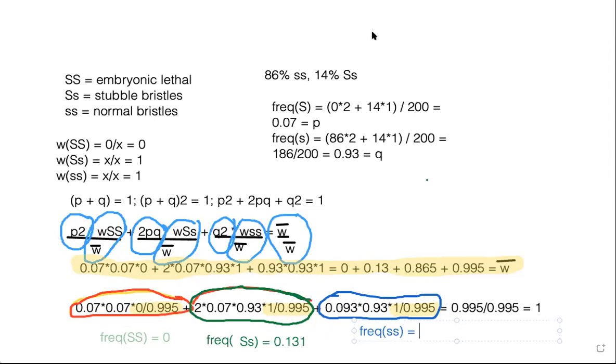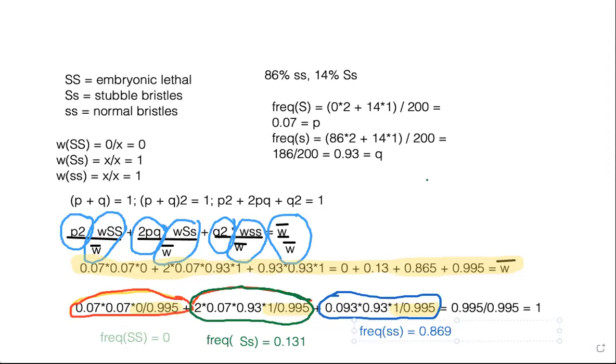That's an error. 0.93 times 0.93 times 1 divided by 0.995 equals 0.869. Okay, there's our answer.